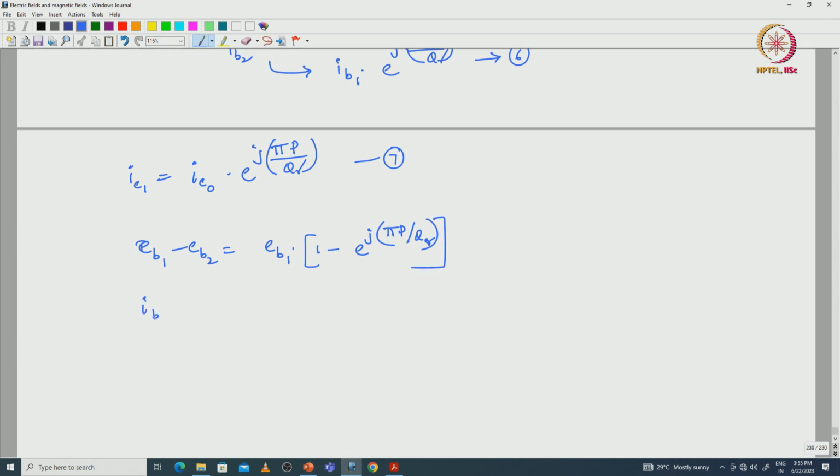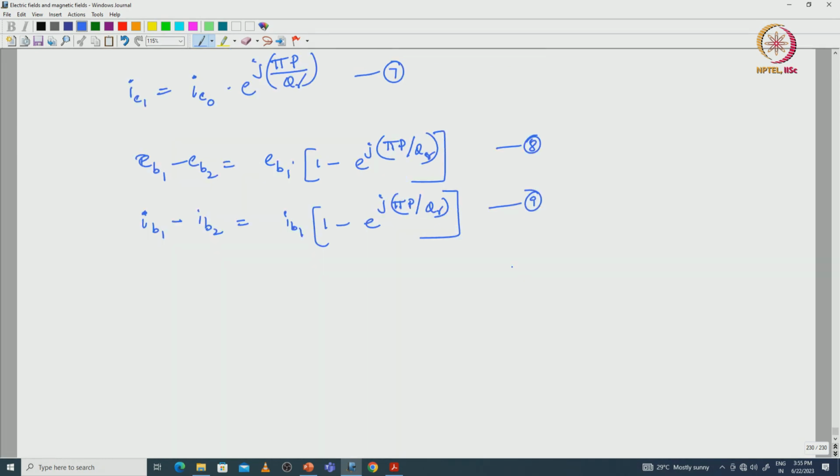Similarly, IB1 minus IB2 is equal to IB1 into 1 minus e power j pi into number of poles by qr. This is equation number 8, equation number 9, and with respect to the end ring currents, IE1 is equal to IE naught plus IB1, right.